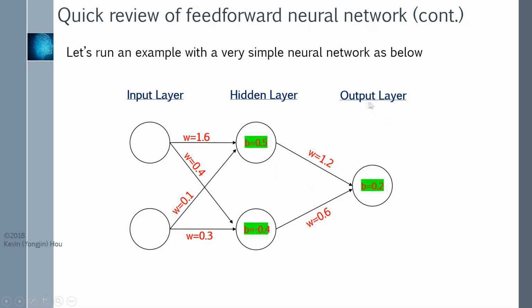And ultimately, there's the output layer, which only has one node. We already have the neural network loaded with the weights and thresholds. Assume those are the optimal weights and thresholds that give us the best prediction. So this is our very simple setup of the neural network example.